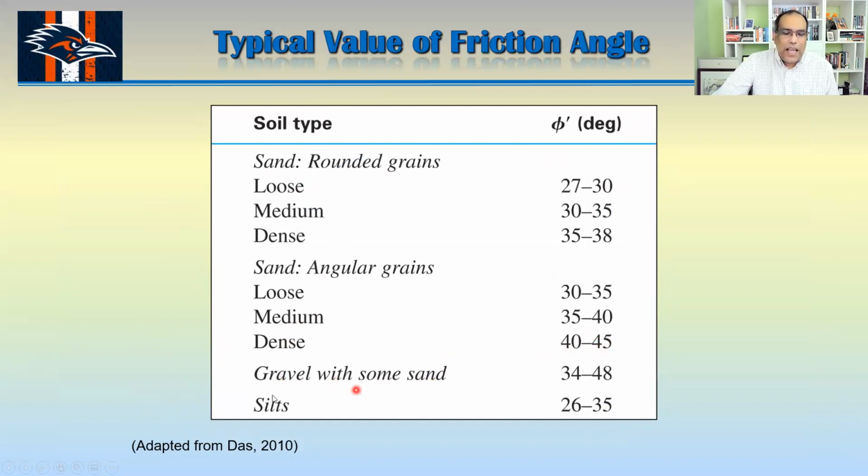Gravel with some sand can go up to 48. And for silts, it varies from 26 to 35. These are just for your understanding of what the range might be, but actually we have to find that out in the lab for any particular soil.